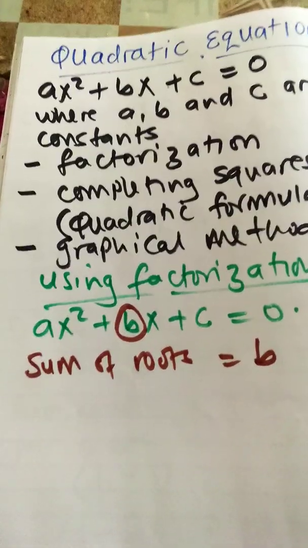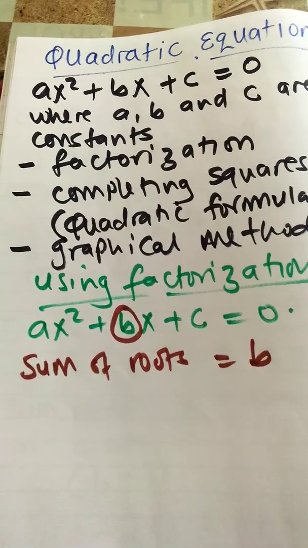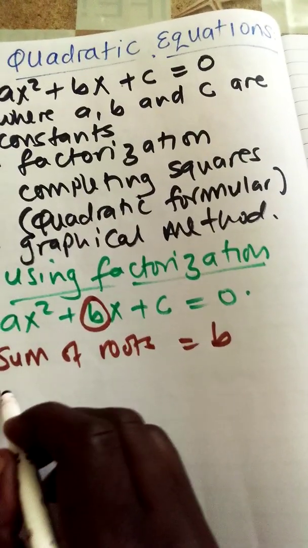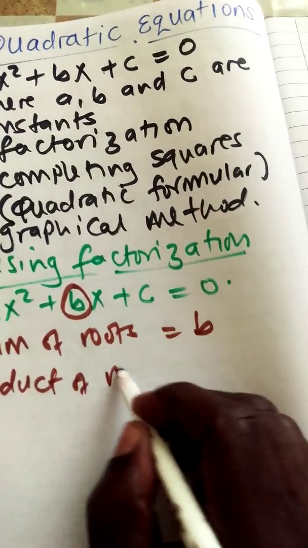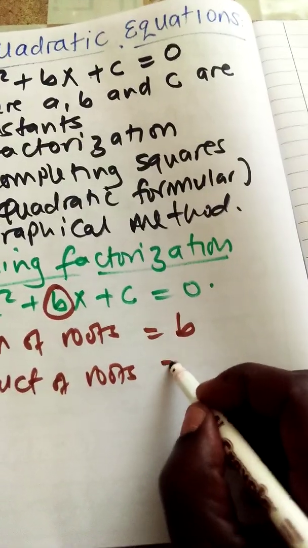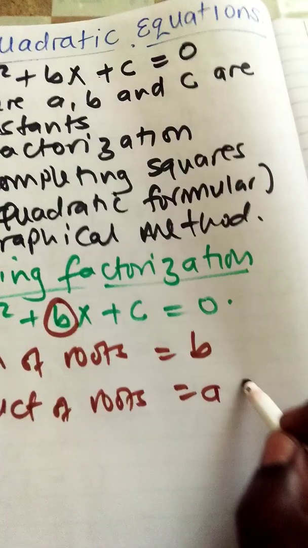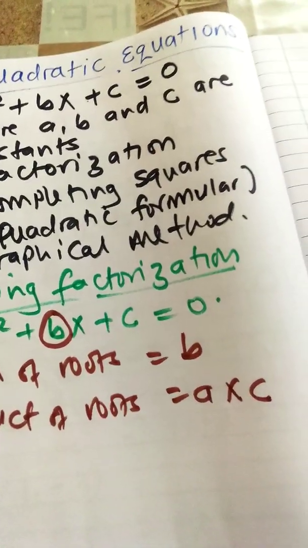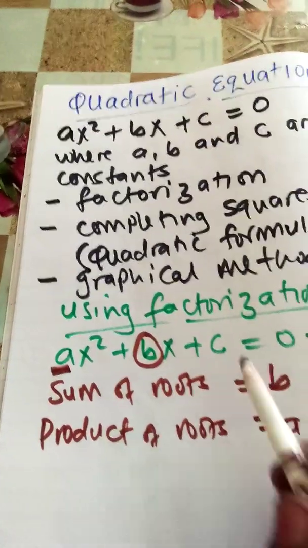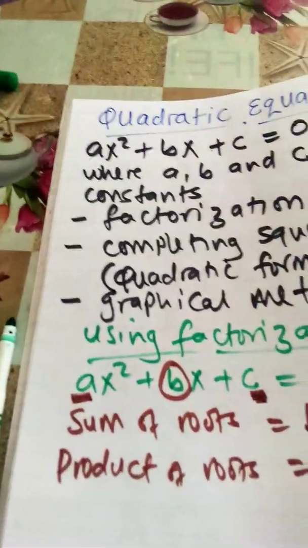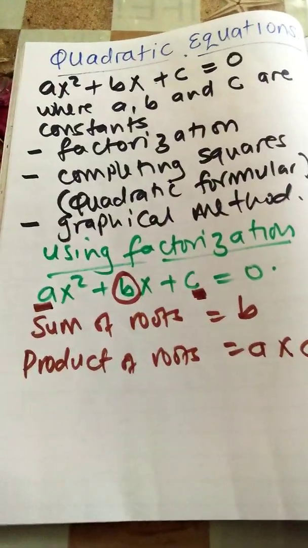It is just the coefficient on x, so it is b. Then the product of the roots is a times c. So you look at the coefficient on x squared and then the constant. That will give you the product of the roots.